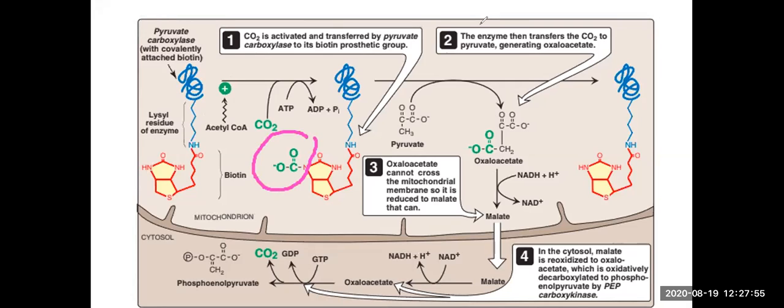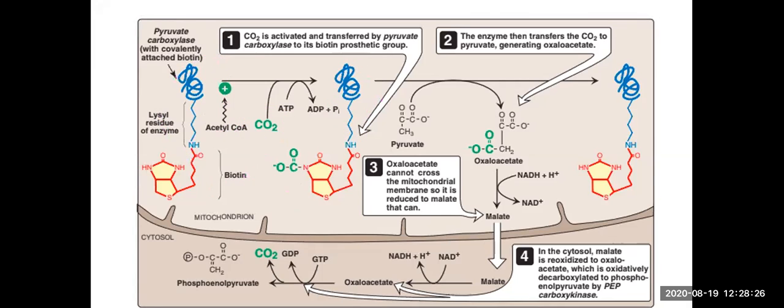So this carbon dioxide which was added in this reaction is transferred to this structure, and this is the structure of biotin. It is the enzyme pyruvate carboxylase that helped this carbon dioxide to transfer to this biotin structure. You're getting my point.